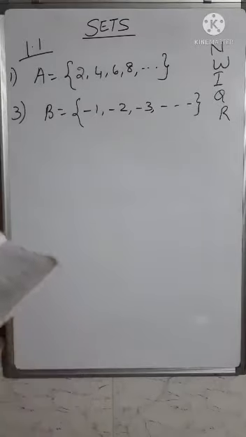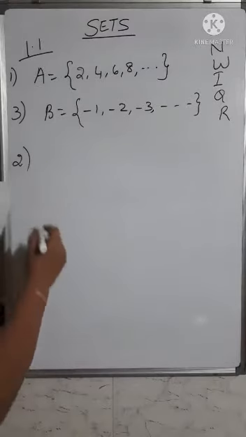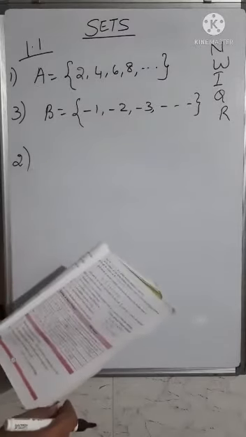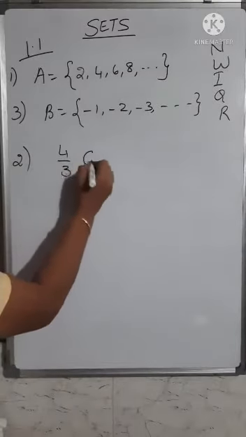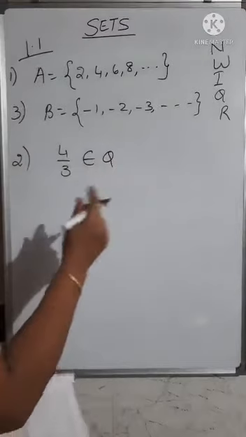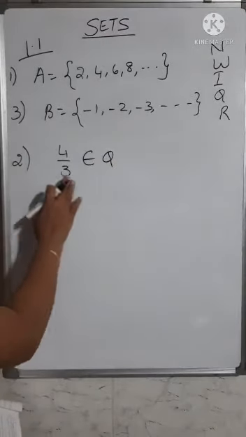Then the second one, write the following symbolic statements in words. 4/3 is given like this, so you have to write this one in words.